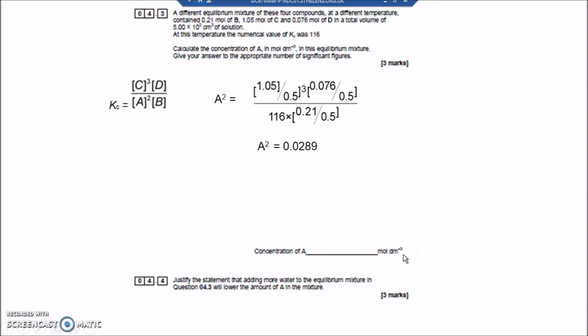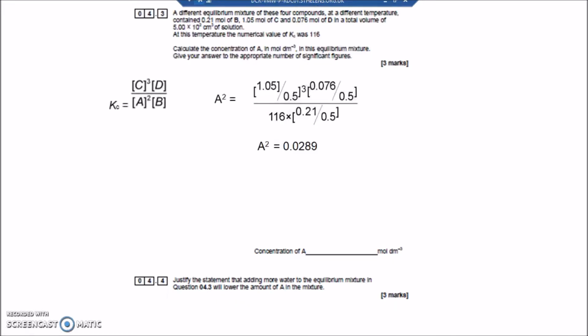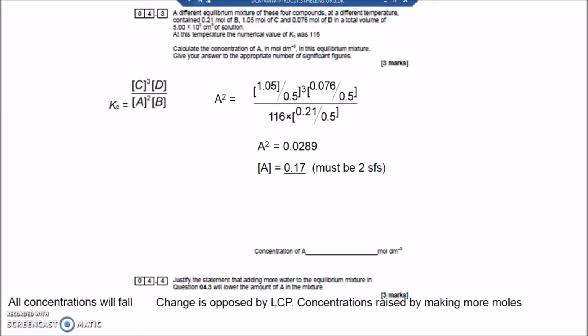And the side that's most affected if you lower the concentration is the side on the right, because that's got more moles. 3 add 1 is 4 moles. On the left, there's 2 add 1 is 3 moles. So on the right, the lowering of concentration affects the right more than it does the left, because there's more moles on the right hand side.